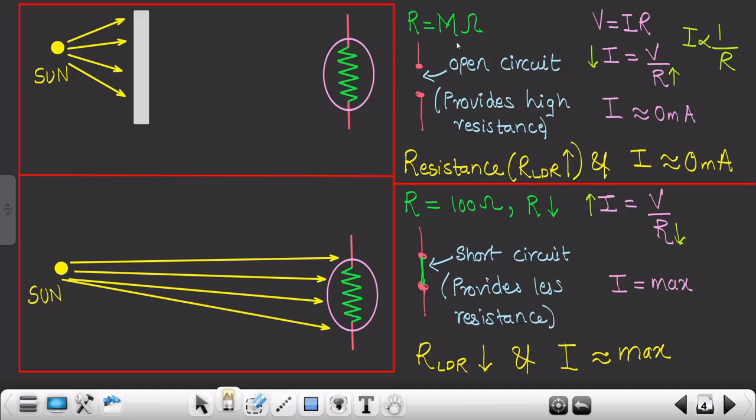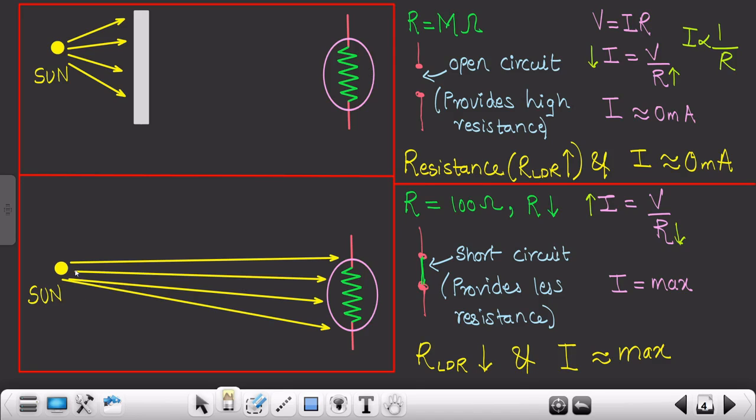So basically it will provide high resistance which would be in mega ohms, and by Ohm's law we know that V equals IR, and if R is high, that means resistance is high, so your current would be almost equivalent to 0. That means when there isn't any light ray falling on this particular LDR sensor, it will act as an open circuit. So this is what we had concluded in the previous session, right?